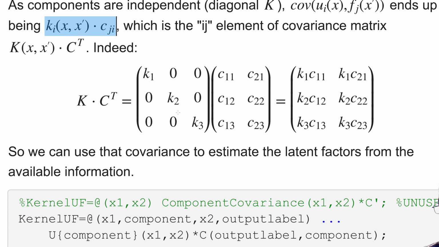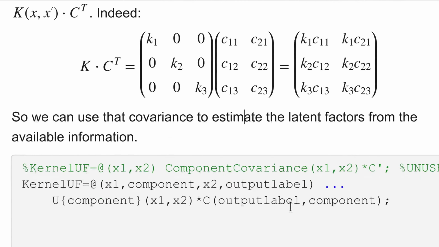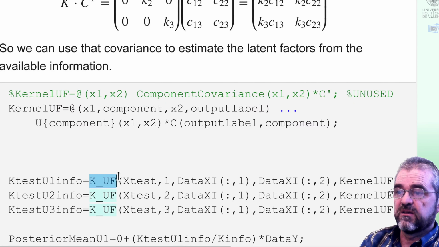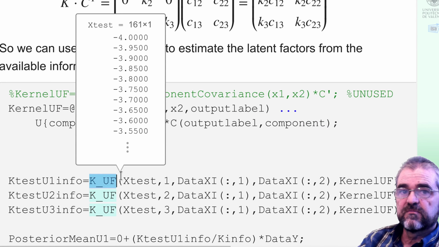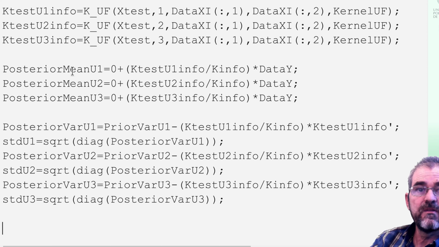Okay, so with this covariance between test points and test component and samples with a given label, then this KUF is just repeating this kernel for all possible pairs of points. Then this is the basic prediction code.